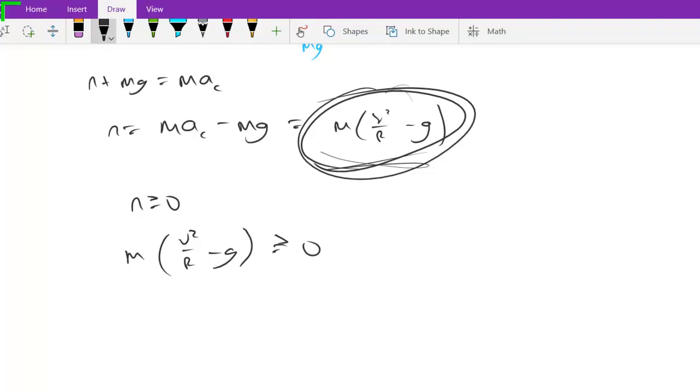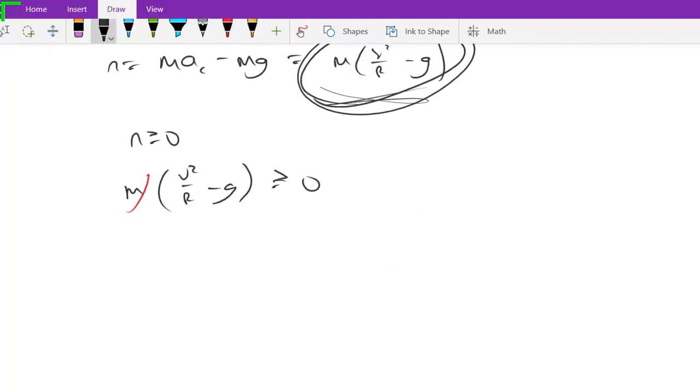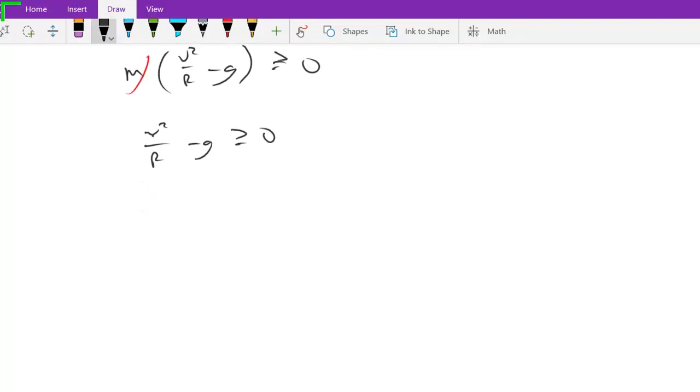And clearly the mass is greater than 0, so that's not something we're interested in. So this means that v squared over r minus g is greater than or equal to 0. Solving this, we can say that v is greater than or equal to the square root of rg.